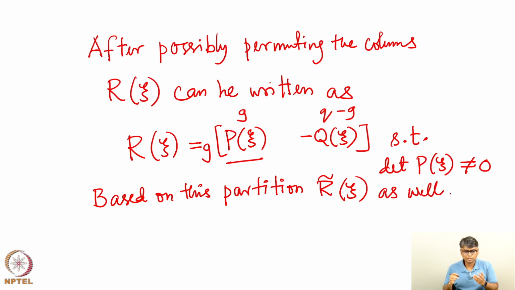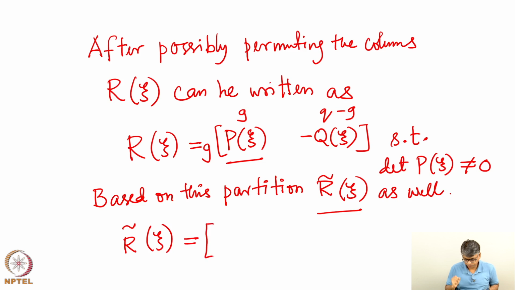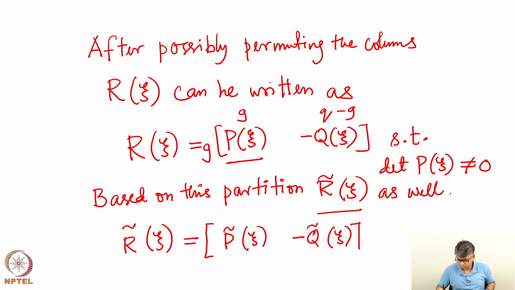I don't put any such restriction on R tilde. Just following this partitioning, whatever permutation I have done here, the same permutation I will do on R tilde, and the first G columns is what I'll take. Remember, R and R tilde may not have the same number of rows as of now, we don't know that. But just based on this, I will partition R tilde as [P tilde(ξ) −Q tilde(ξ)]. Okay?